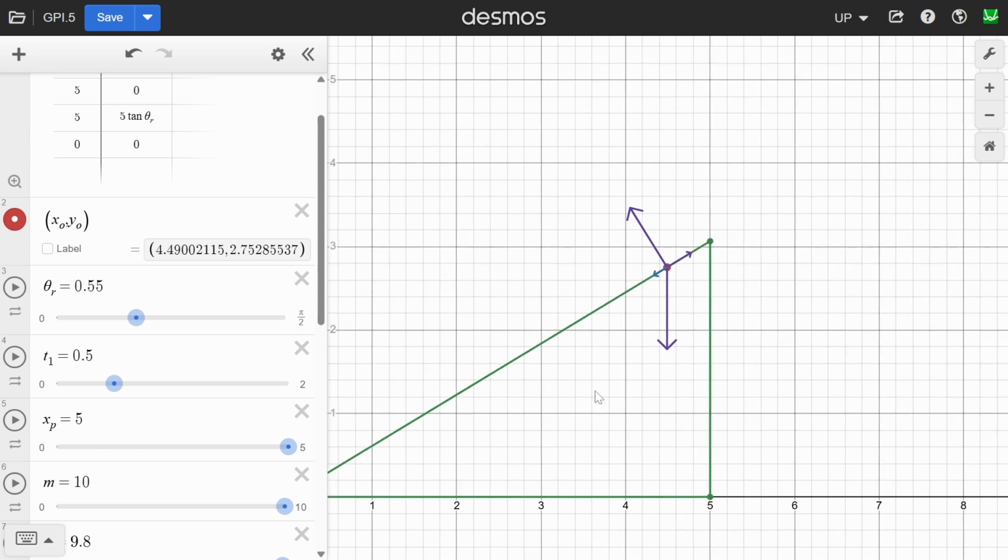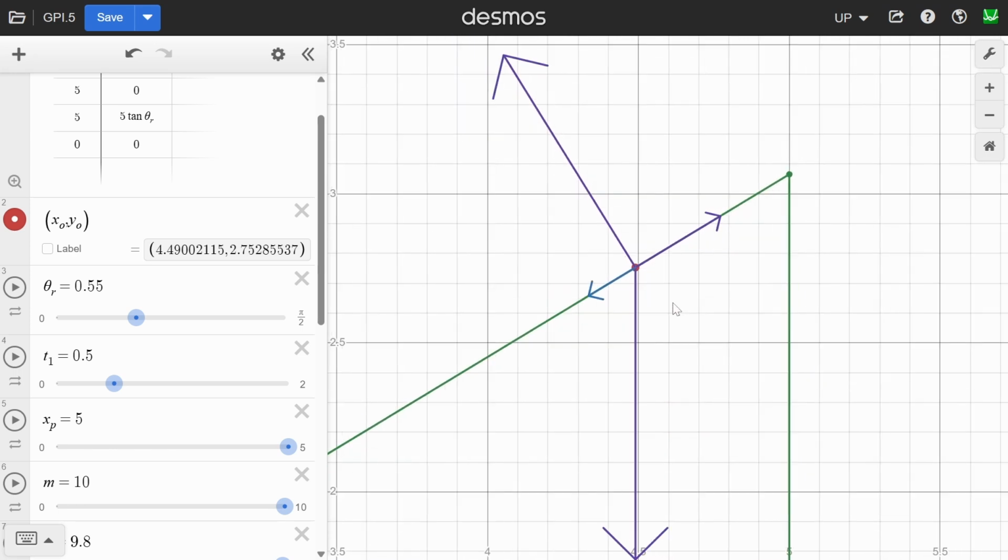Okay, you can see here that I have already drawn all of the forces. You can see there's weight going down. There's the normal force trying to counteract this from going downwards, and then there's this kinetic friction going backwards. If you sum all of these factors, you would find the net force will go in this direction.